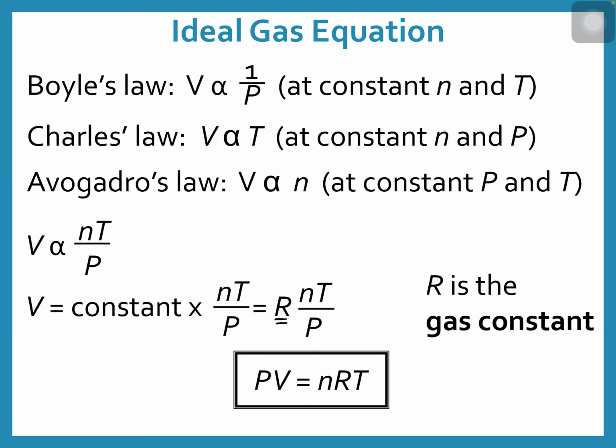What we can take from this relationship is we can take the P and multiply it over so that we don't have anything in the denominator, and then whatever we need to solve for, we can move things around accordingly. So the P is going to swing over, so pressure times volume is equal to nRT: number of moles times the gas constant times temperature measured in Kelvin.